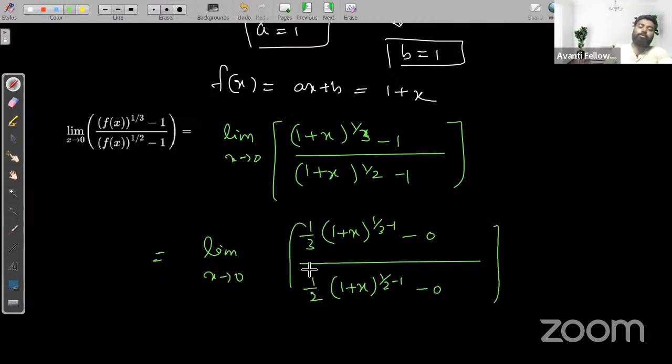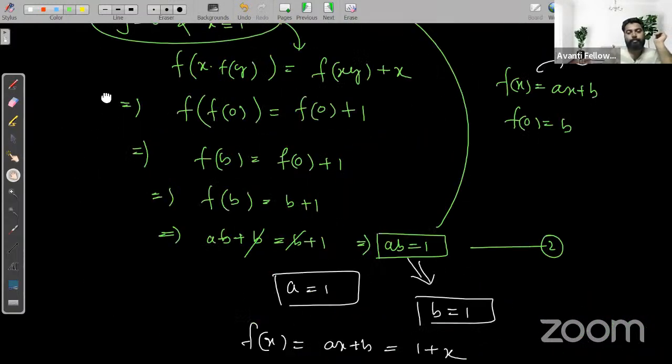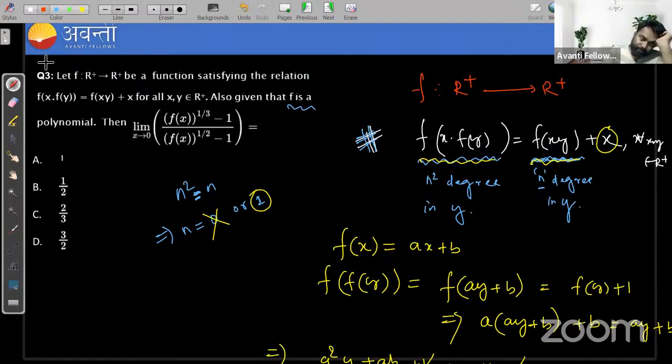Now if you apply the limit, you get 1 by 3 divided by 1 by 2. So the answer is 2 upon 3. The correct option is option C. Got it?